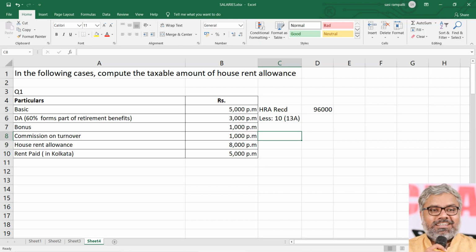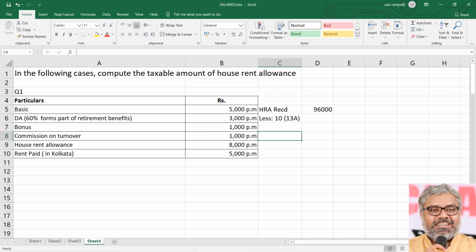If turnover is given as a fixed amount, we can always take that as if it would already have been calculated on the basis of turnover achieved by the employee. When we say commission on turnover, how can that be a fixed amount? When the turnover changes, commission also changes. So safely we can assume this 1,000 rupees is already a calculated commission on the turnover that the employee has achieved.